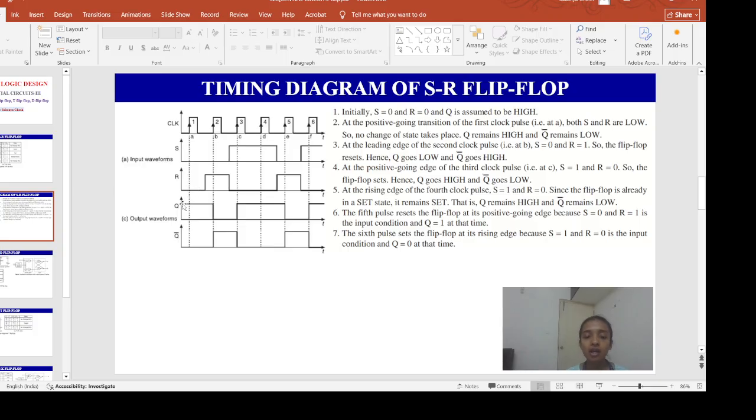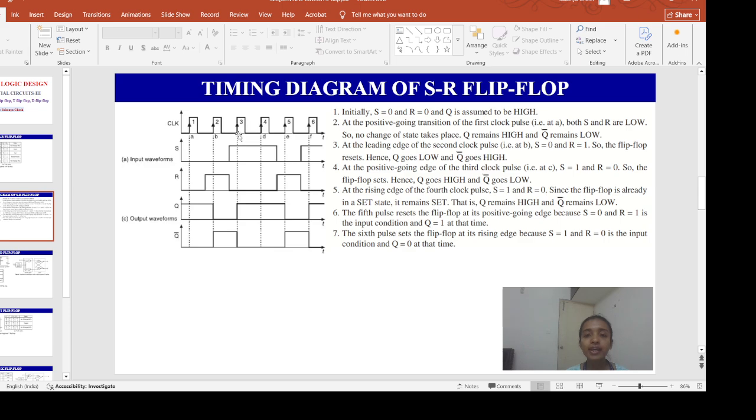The output Q will remain high, and the inverted output Q bar will remain low. At the leading edge of the second clock pulse, at point B, S is 0 and R is 1. So the flip-flop resets, because it follows the state of S. In this case Q goes low and Q bar goes high.